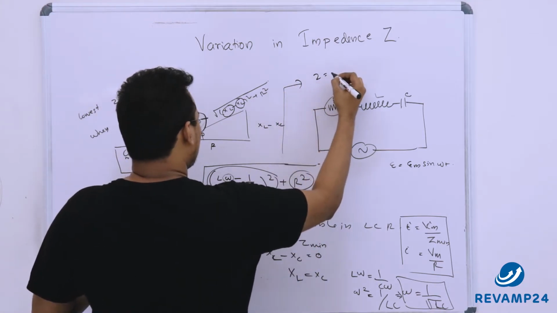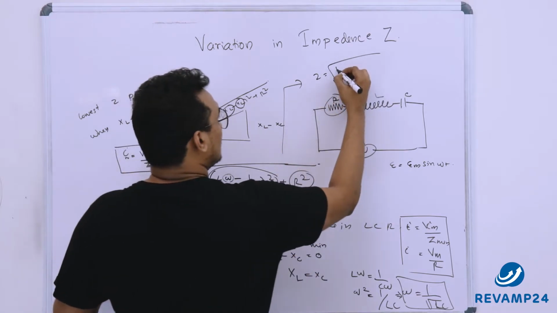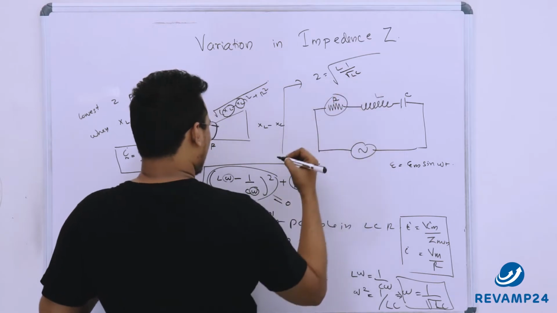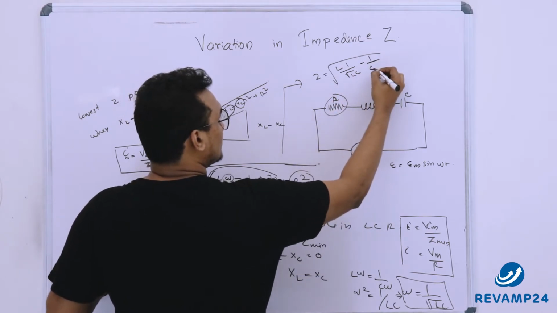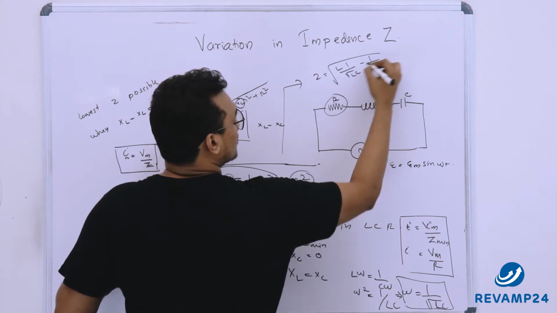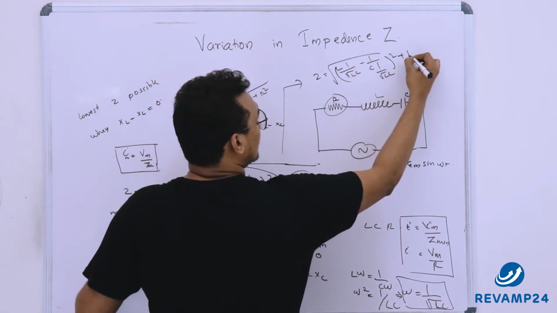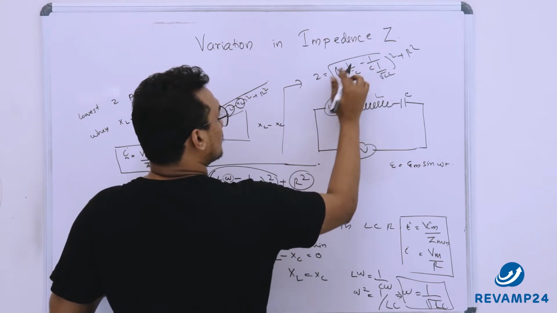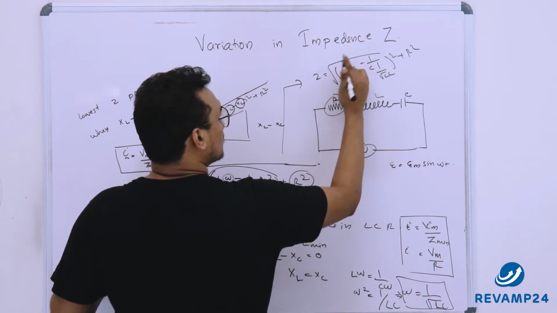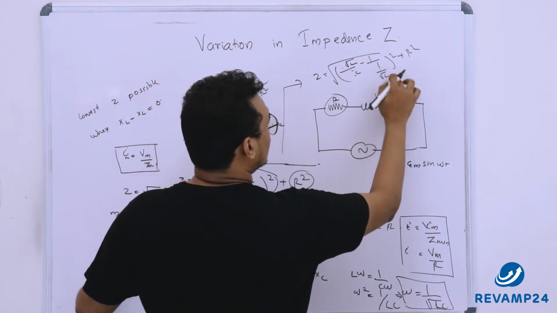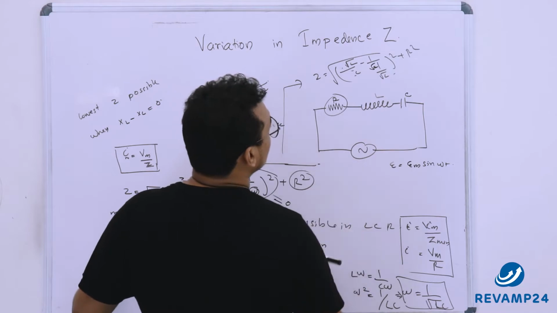So Z is equal to root of L into (omega is 1 by root LC) minus 1 by C into (omega is 1 by root LC), and the square of this plus R square. Now L and root L will cancel, and this will be root L on the top. Now C and root C will cancel, and this would be root C here.